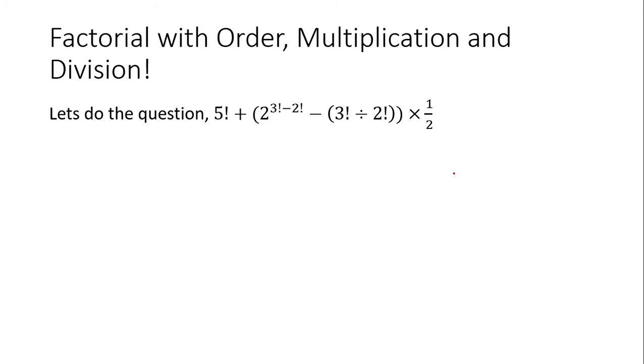Factorial with order, multiplication, and division. Now it's getting harder. Let's do the question: 5 factorial plus brackets 2 to the power of 3 factorial minus 2 factorial, minus 3, brackets 3 factorial divided by 2 factorial, end brackets, times half.